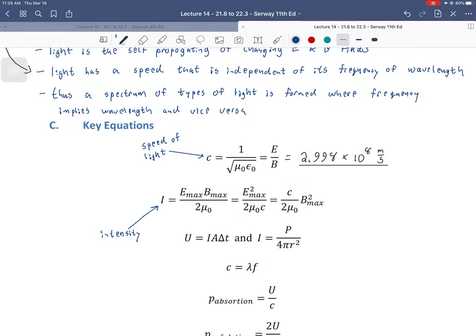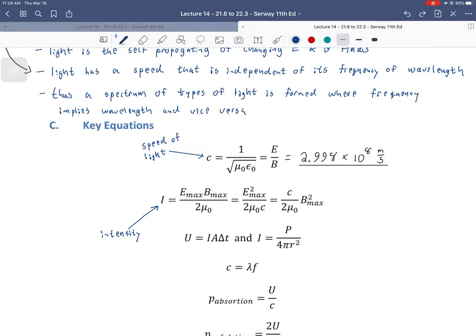It ends up being the maximum electric field strength times the magnetic field strength, divided by 2 multiplied by the permeability constant. That's the physical manifestation of the intensity of light.